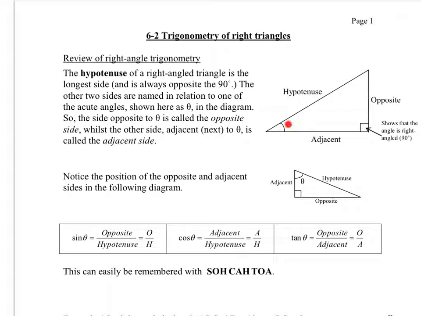And the tangent of this angle is the opposite over adjacent. And a way of remembering these three things is this nonsense word, SOHCAHTOA, because the sine is equal to opposite over hypotenuse, cosine is adjacent over hypotenuse, and tangent is opposite over adjacent.